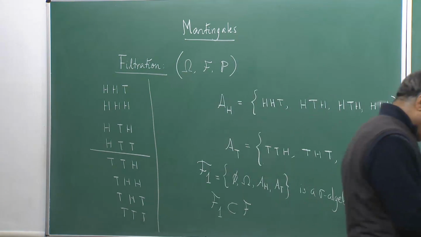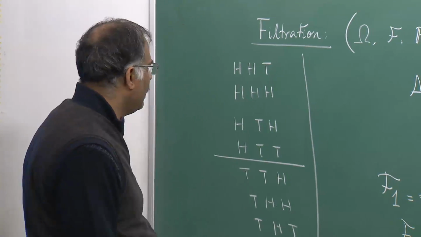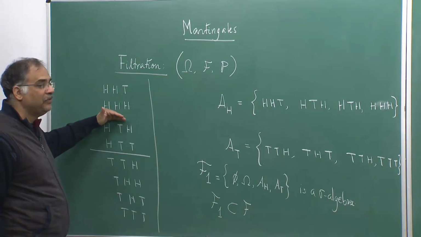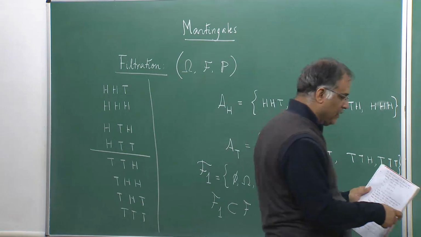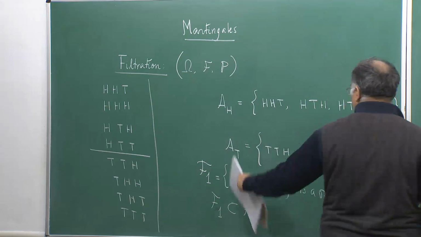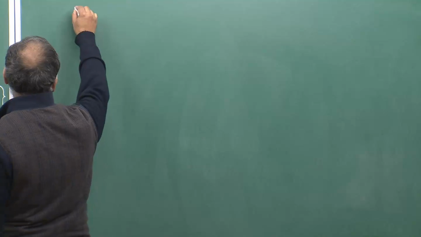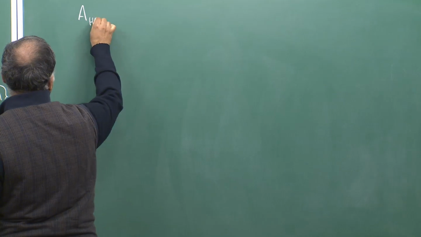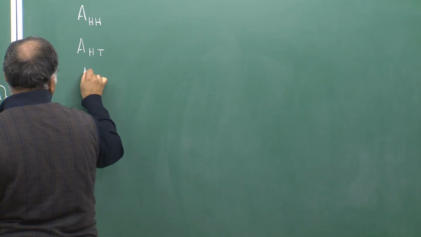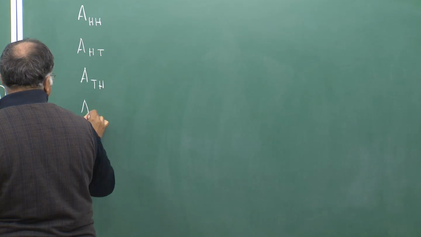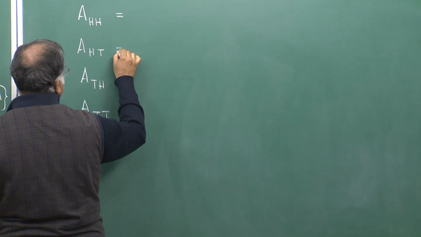In the next stage, I tell you what has happened in the second toss, then I will have a finer revealing. I can again partition this into finer parts. Basically, I am breaking up the space, the sigma algebra F. So, what can the second toss be? Either both can be head, or the first can be head and the second tail, or the first can be tail and the second head, or the first can be tail and the second tail.